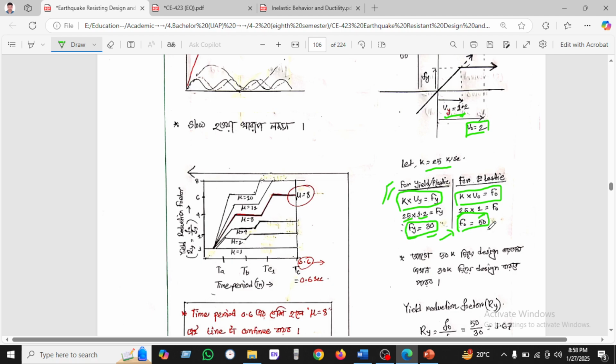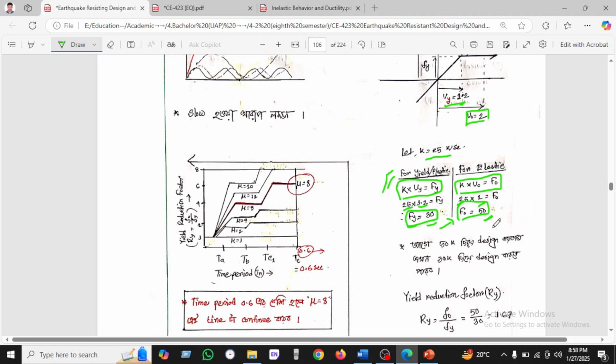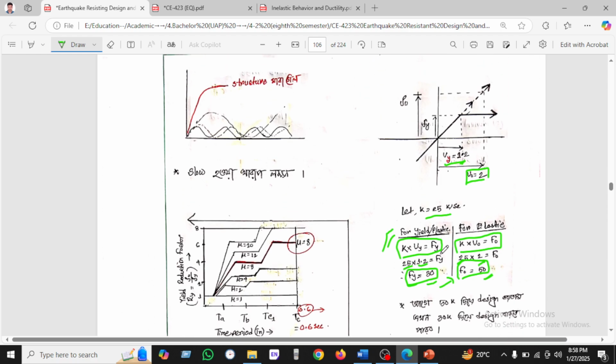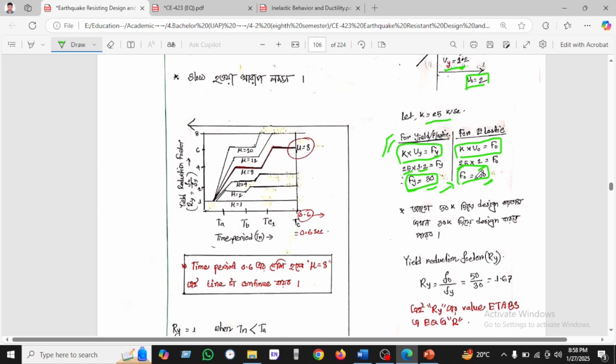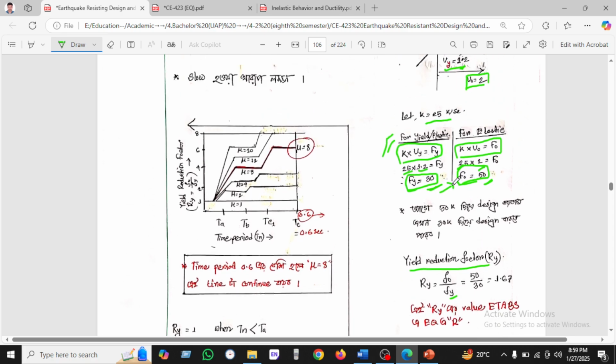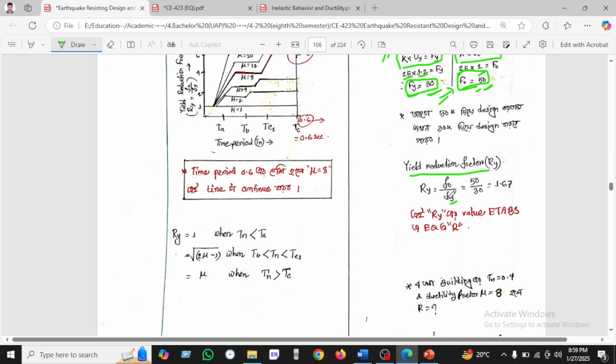On the other hand, elastic or plastic, we found 50. So we can see that if we design previously for 30, then we can design for 50 as the ductility has increased. Okay, so let's see the yielding reduction factor Ry equal to f naught over fy, which is 50 divided by 30, which is 1.65.